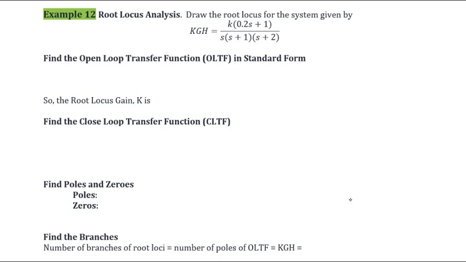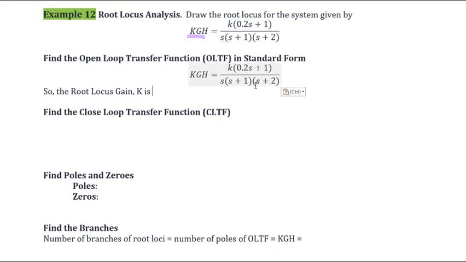We can see very quickly that this is the open loop transfer function that we normally would find. So rather than rewriting that, I'm just going to paste it into the next section.